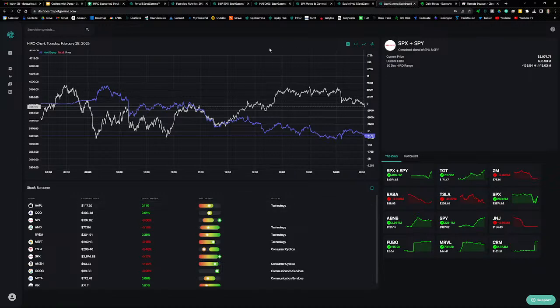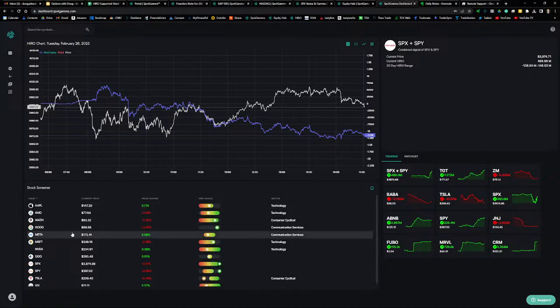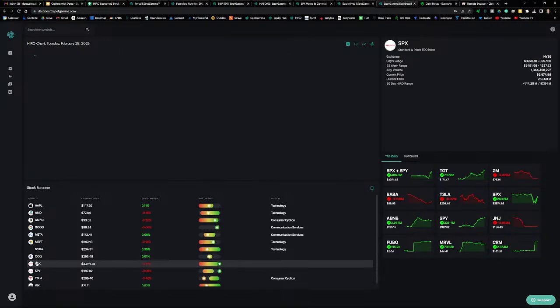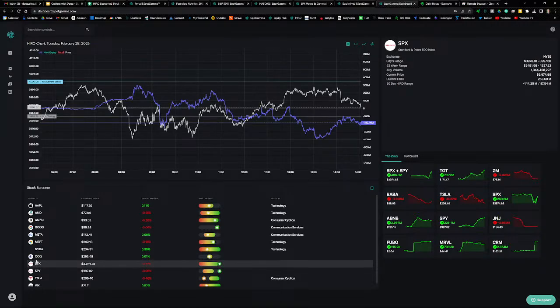And then let's wrap it up. Let's take a look at the S&P 500 one more time. And notice here that I'm looking at the SPX plus SPY signal. I talked about this yesterday. I think this is providing the cleanest signal for the S&P 500.